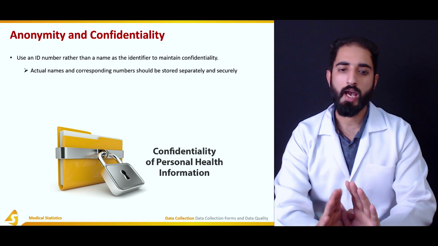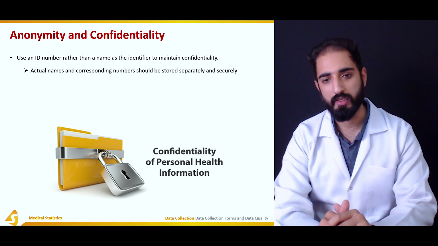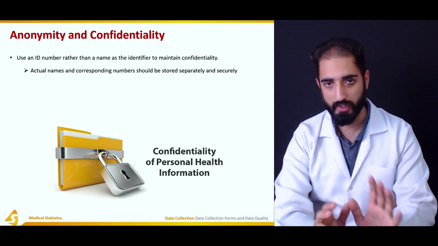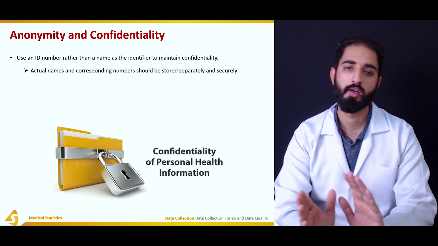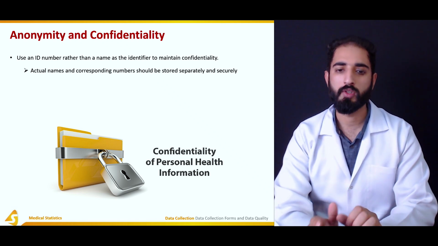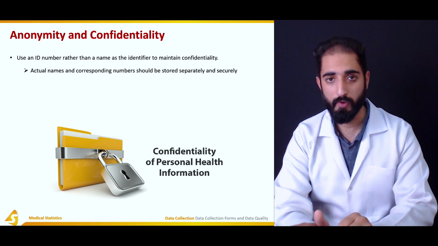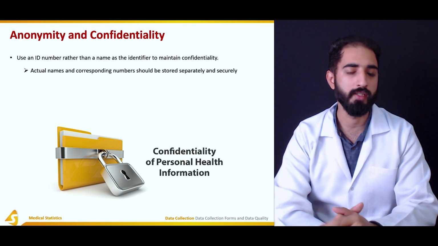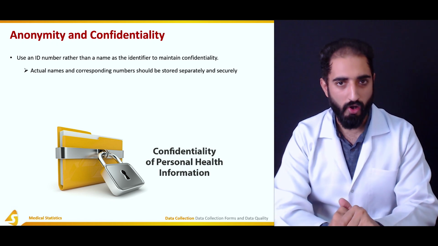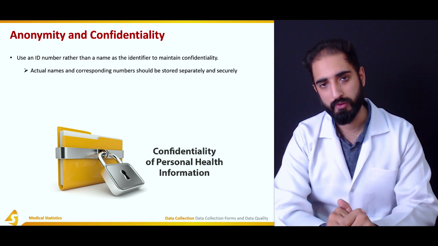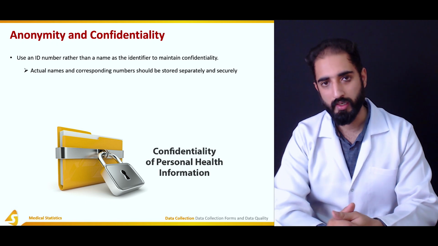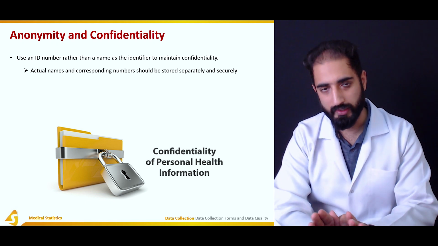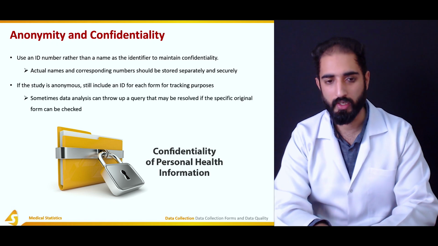So use an ID number rather than a name as the identifier to maintain confidentiality, so no one can recognize who that person was. And actual names and corresponding numbers should be stored separately and securely as well, because sometimes you may need to revisit the original form and original data to get some information. But other than that, it should be kept confidential.